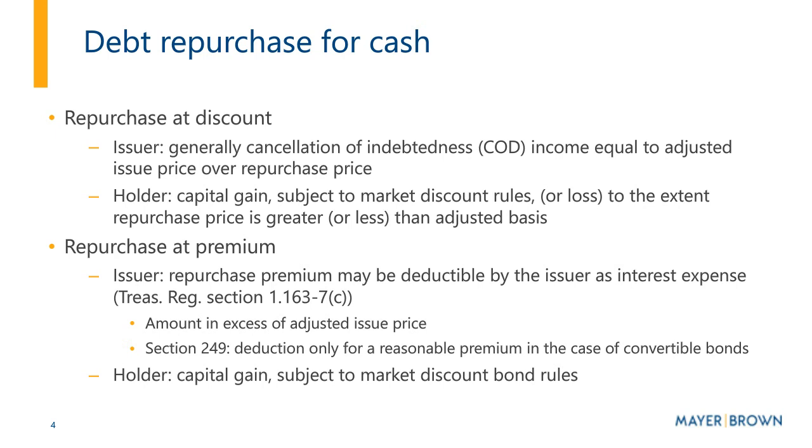And the idea here is that it would be the repurchase premium if it had been straight debt, not convertible debt. And the further idea is that you cannot get a deduction for buying back your equity. The holder, the flip side of this, is going to have a capital gain, again, subject to the market discount rules.